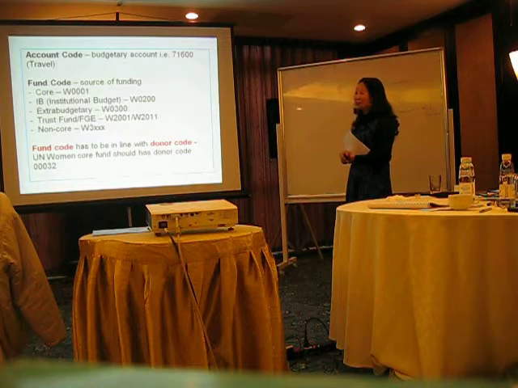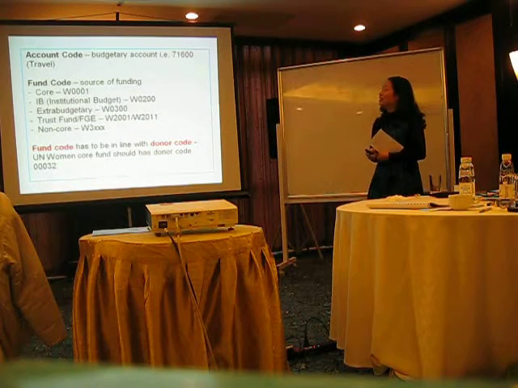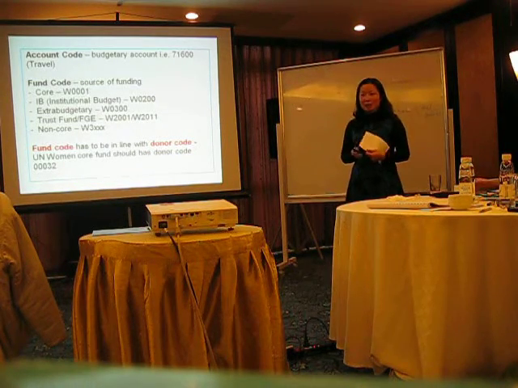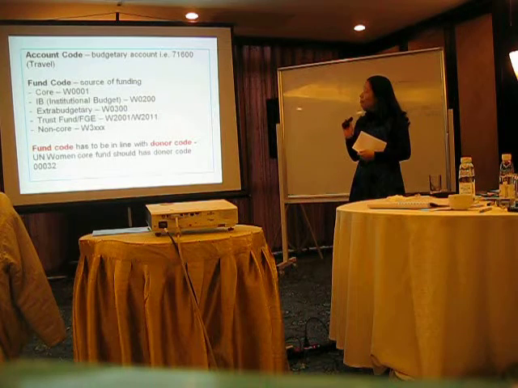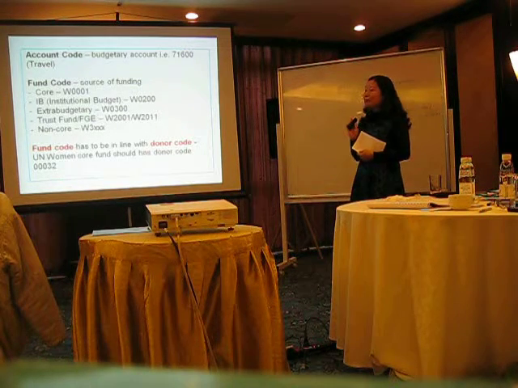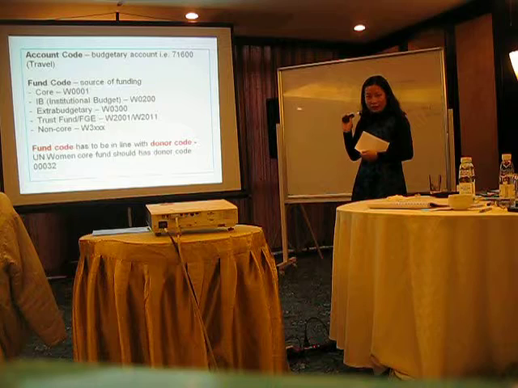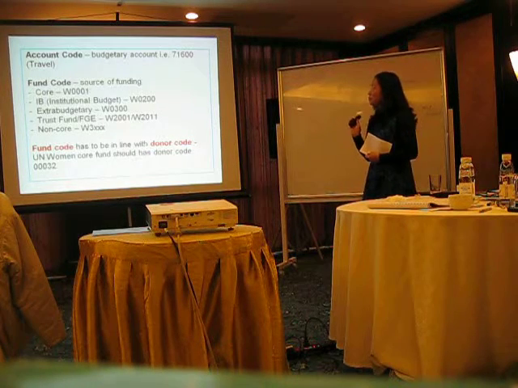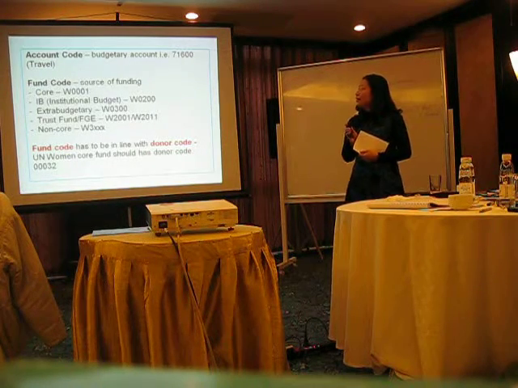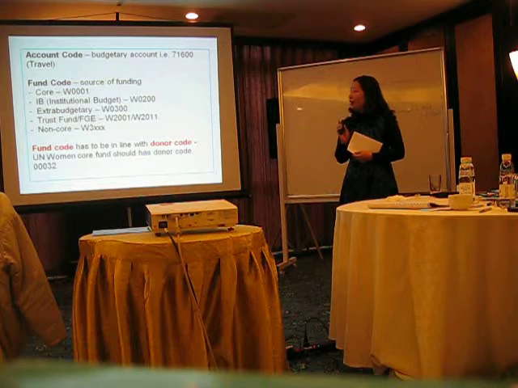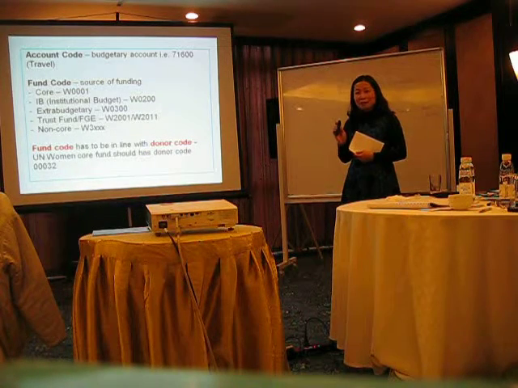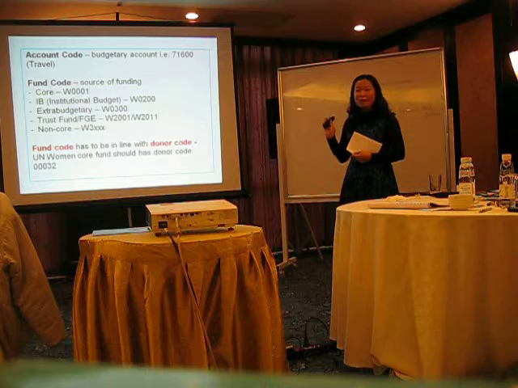The account code means that it is a budgetary account. For example, 71600 is meant for travel activity. And the fund code is the source of your funding, where it comes from.